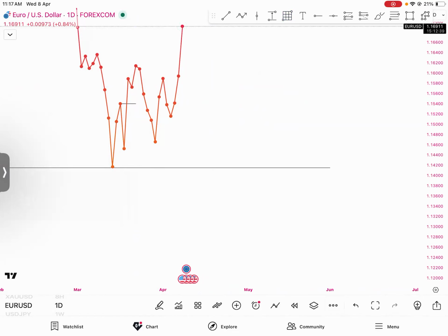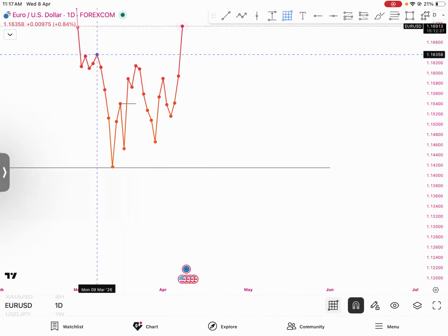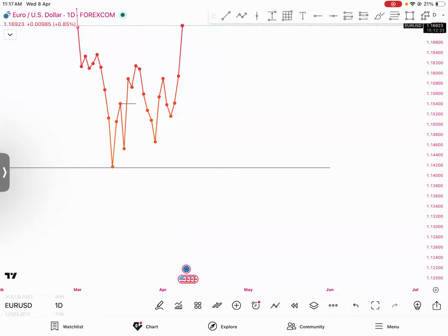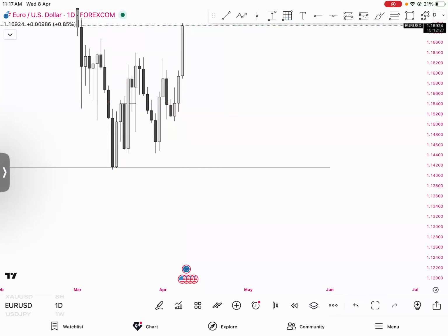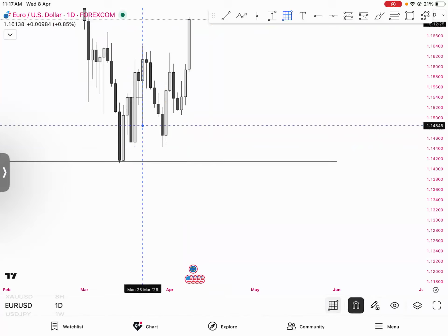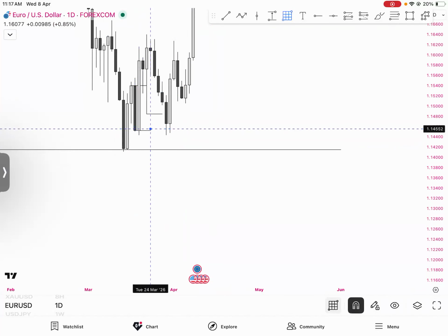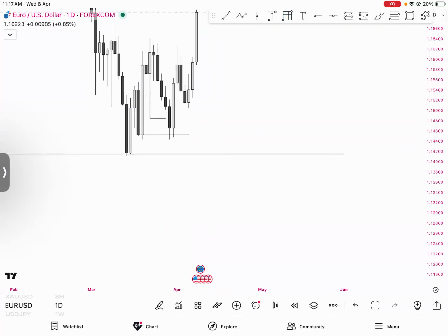Why are we using the internal structure? Because the external structure was high, right? So we don't wait until the external structure breaks out. We can choose the internal structure. After the internal structure, you need to wait for a liquidity and you can choose a daily key level, right? So this internal structure has been broken out.